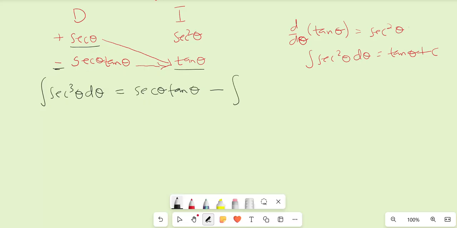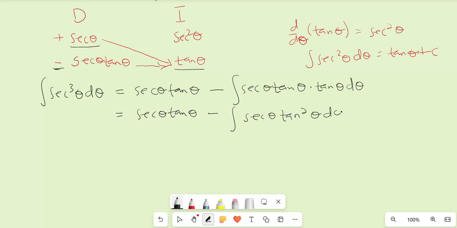Because we are multiplying terms horizontally, we have to take the integral, which is the integral of secant theta tangent theta times tangent theta d theta. This simplifies to secant theta tangent theta minus the integral of secant theta times tangent squared theta.